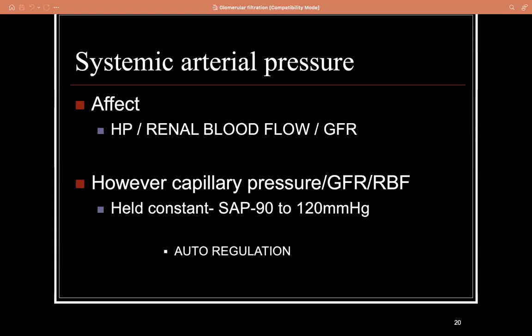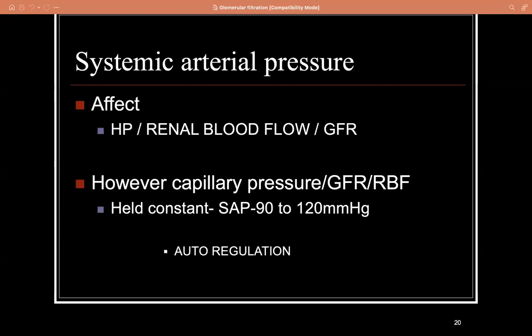It doesn't matter how low the blood pressure goes within certain limits. The capillary hydrostatic pressure will always be kept constant, so that both the renal blood flow and the GFR are constant, even if blood pressure goes up or down within a certain limit. That is a serious protective mechanism to the kidneys.